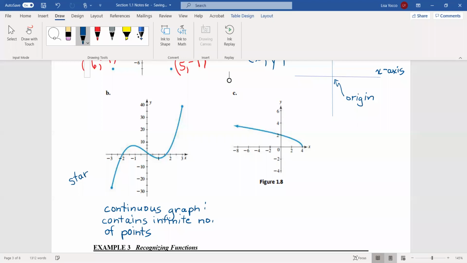And so a lot of times I'll say, okay, this one has a starting point, and it's indicated by that closed circle. That means that's specifically where it starts. And it also has a specific stopping point.